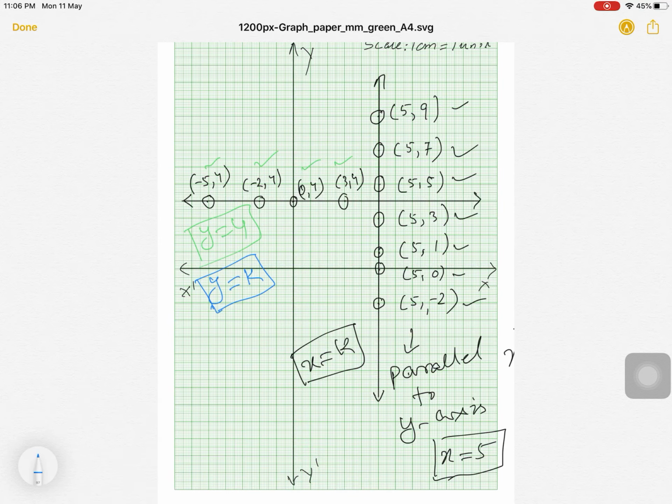It gives us the common representation for which the line is parallel to the x axis. This line is parallel to the x axis. Okay, so if y equal to k, we have a fixed value of y, the line becomes parallel to the x axis, and if we have a fixed value of x, that is x equal to k, then this line is parallel to the y axis.